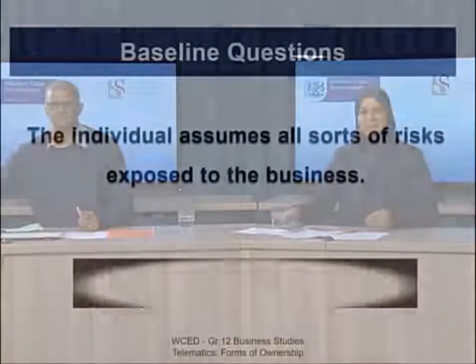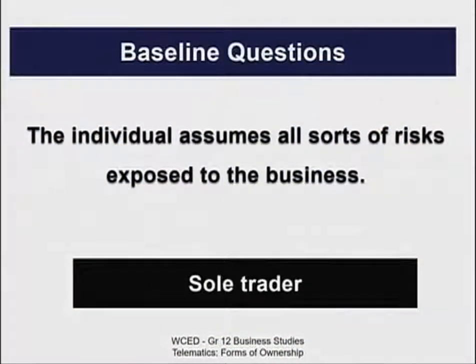Please acknowledge them. That was Tlokweng Senior Secondary. Their fingers were warmed up already. And then we have Rinchville. Those answers came back super fast. So let's see quickly. The next one. Oh, there's the answer. Sole trader.